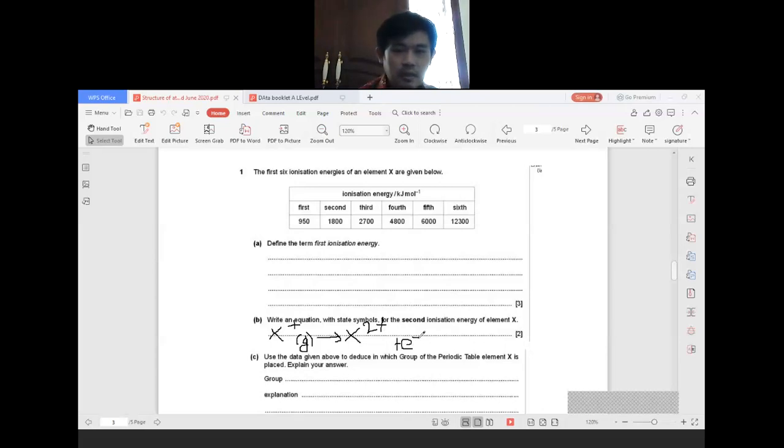Yes, X plus become X2 plus plus electron. And then next, use the data given above to deduce in which group of the periodic table element X is placed.